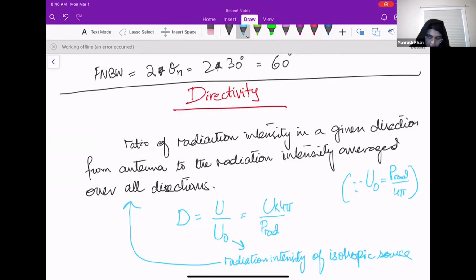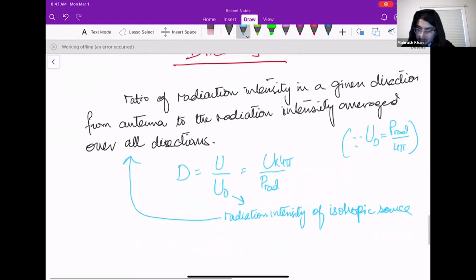So in other words, you can say that directivity is a dimensionless quantity, because it is the same quantity, intensity over intensity.